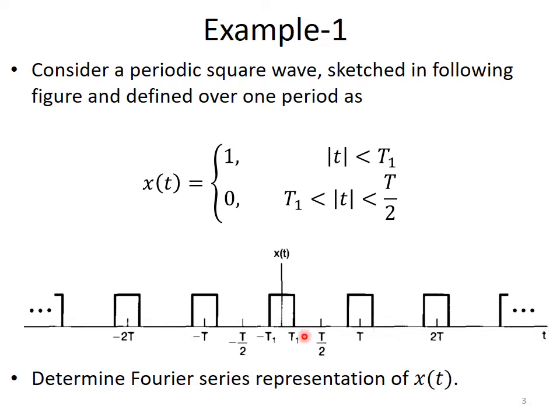You can take any one fundamental period and represent it as a linear combination of exponentials, which would be the same for the rest of the periods as well. So now we are taking this fundamental period as a function, and we have to find the Fourier series representation of this.